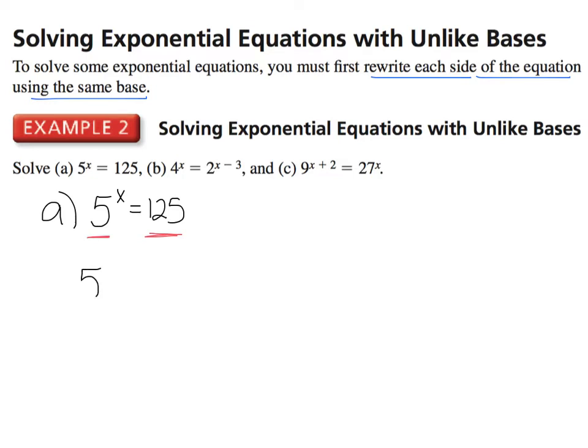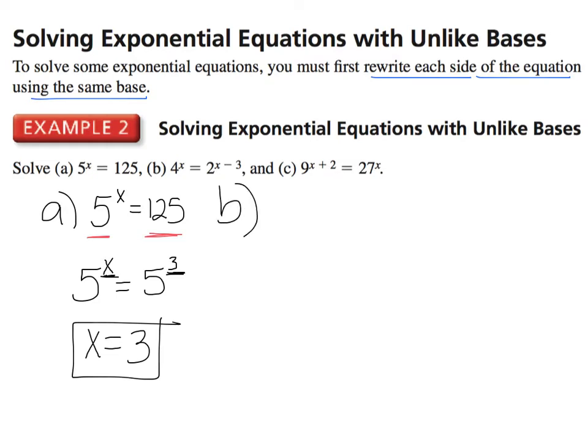Well, 5, we could just leave alone. And then 125, we could also use a base of 5. We could rewrite it as 5 to the power of 3. They're the exact same base. Now, because they're the same base, I can just write x equals 3, because the exponents are now the same.